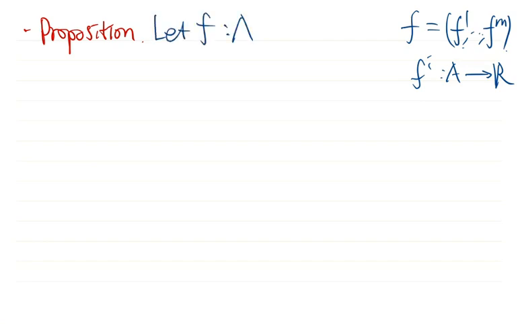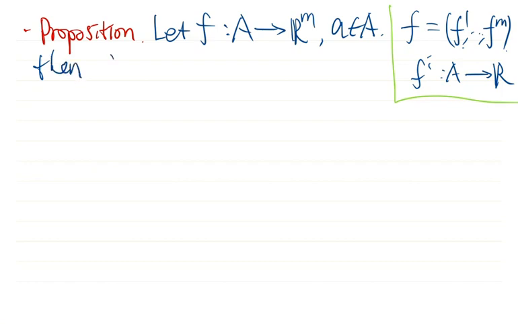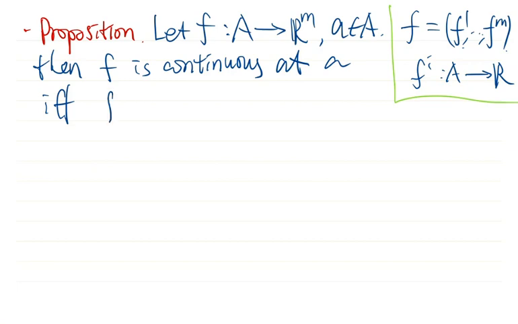Proposition: f is defined on A, takes value in R^m, and a is a point in A. Then f is continuous at a if and only if all the components are continuous at a.